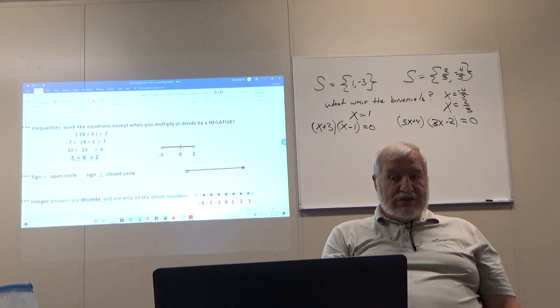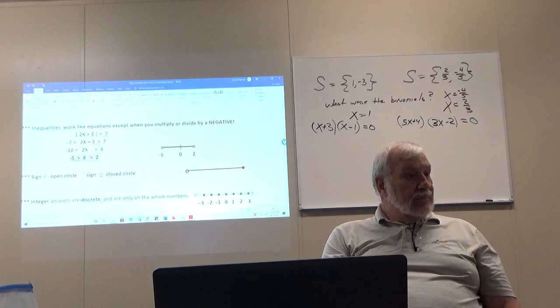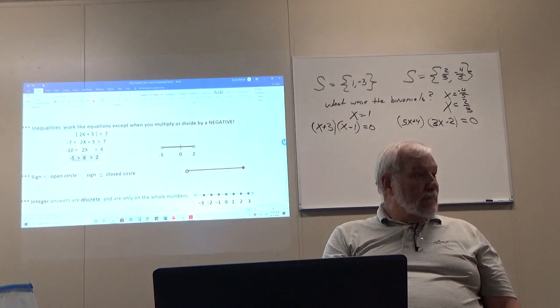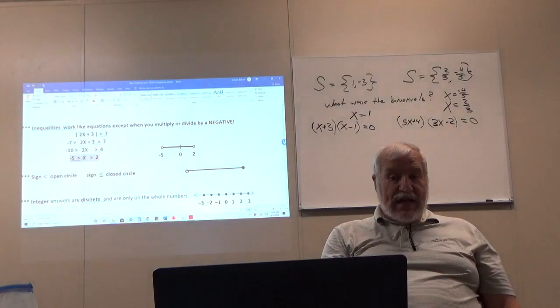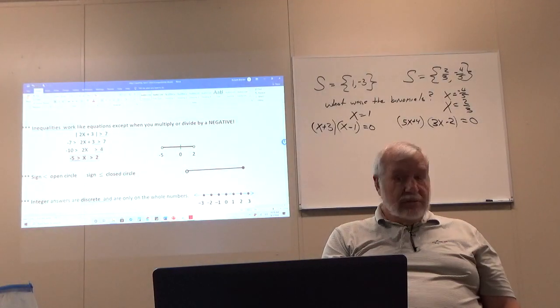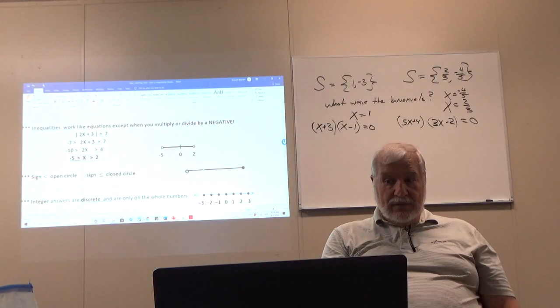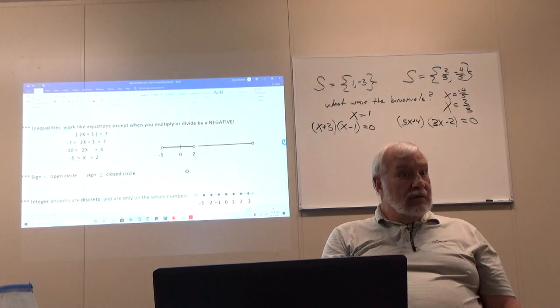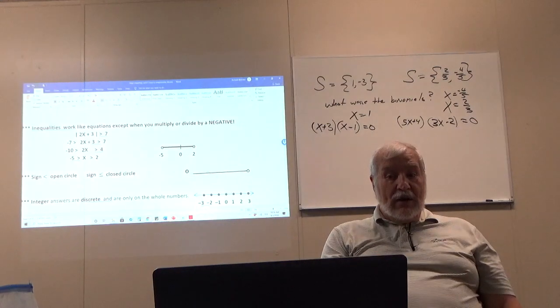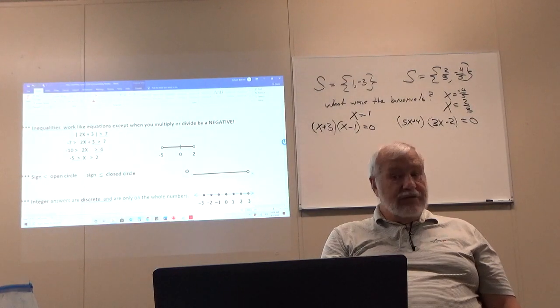Now, here's my question. Is this the part of the graph that makes this true? Where is x greater than 2? It's out here. Where is x less than negative 5?